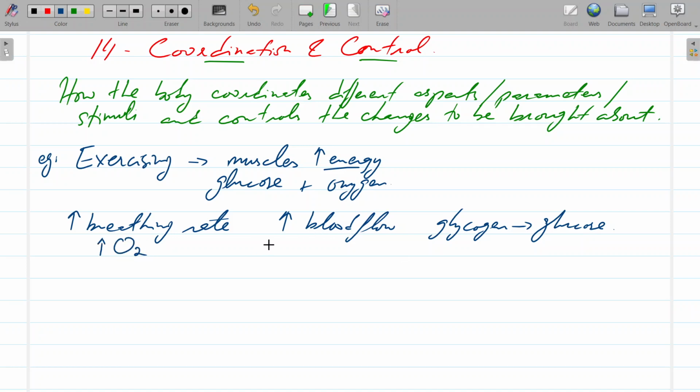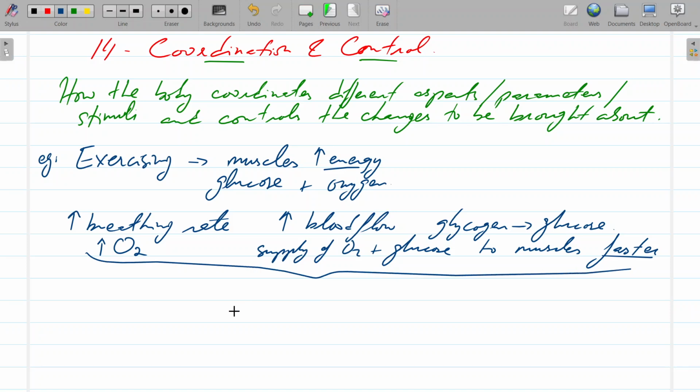When the blood flow is higher, then the supply of oxygen and glucose to the muscles will be faster. Our body stores sugar in the form of glycogen. And with these two factors, when they reach the muscle, you're going to have more aerobic respiration, and therefore more energy.